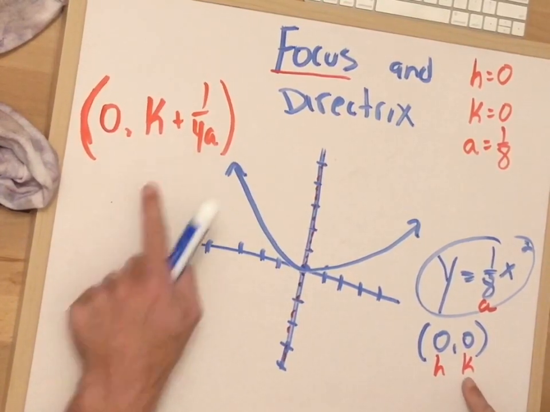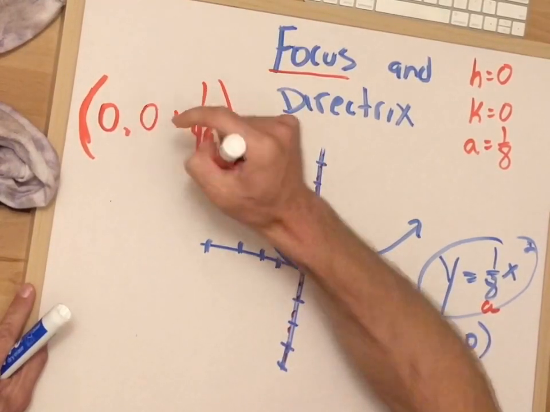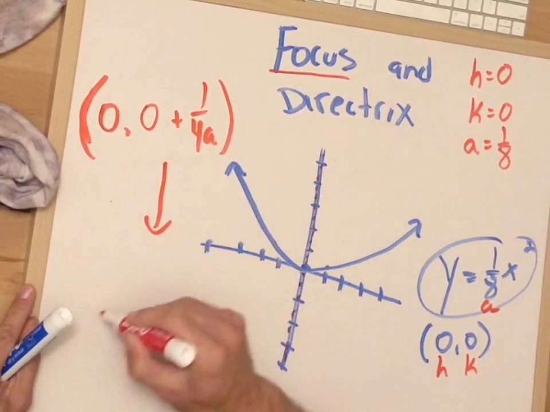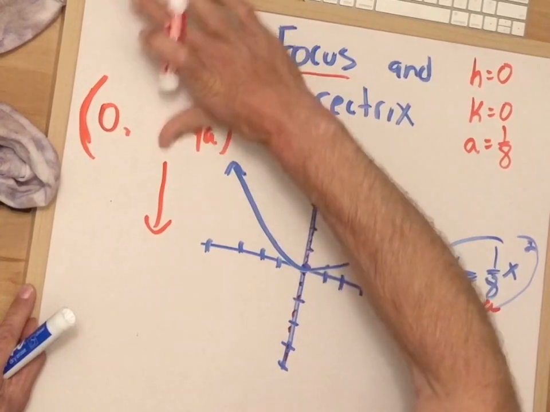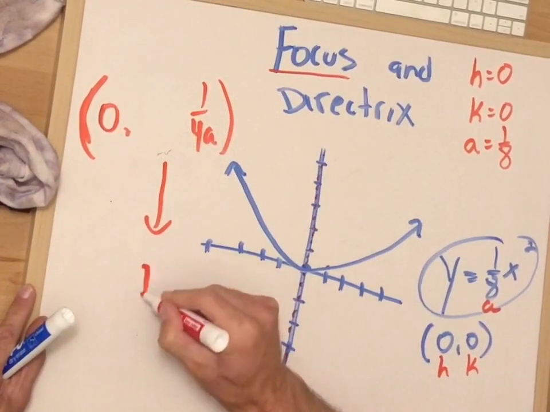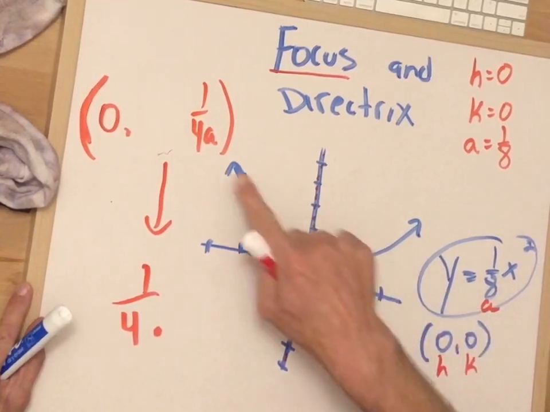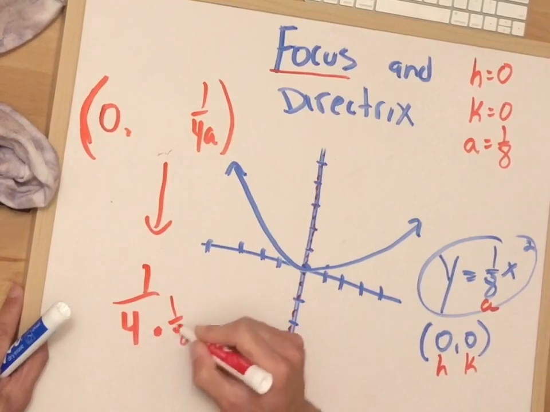Now I'm going to figure out my y coordinate, because this is my y coordinate for my focus. So my k is 0 plus, I'm going to rewrite this down here because I'm going to do a little math. 0 plus anything is just that number, so I don't technically need that 0. 1 over 4 times my a. The a is the shape of the quadratic, which is 1 over 8.